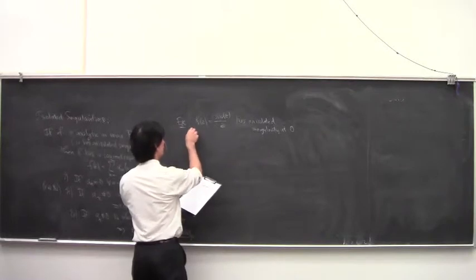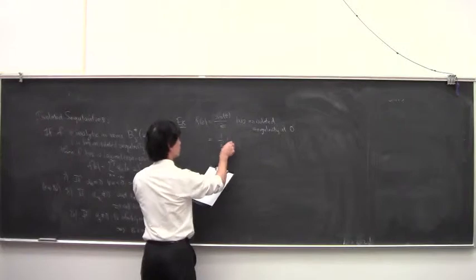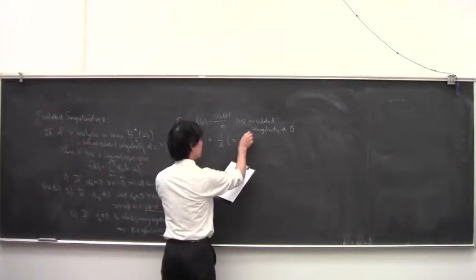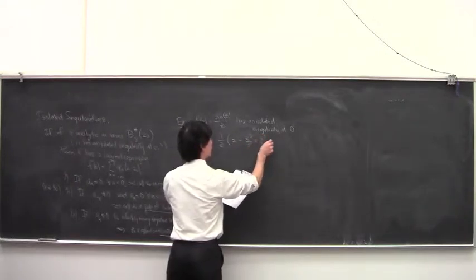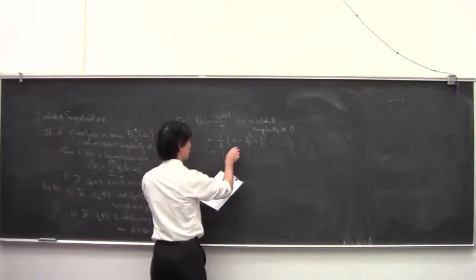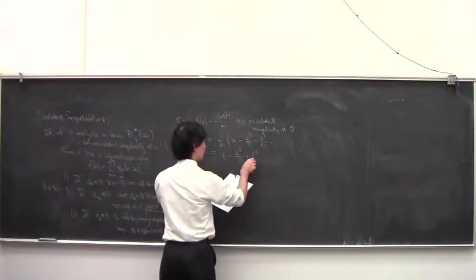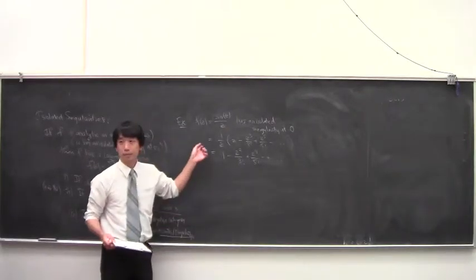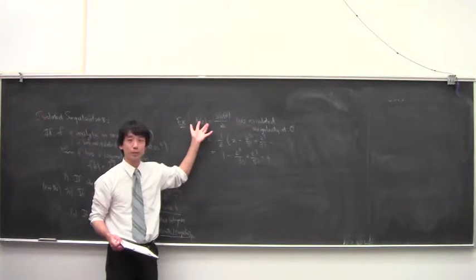It has the Laurent series 1 over z times the power series for sine, so 1 minus z squared over 3 factorial plus z to the 4th over 5 factorial minus and so on. This is its Laurent series.